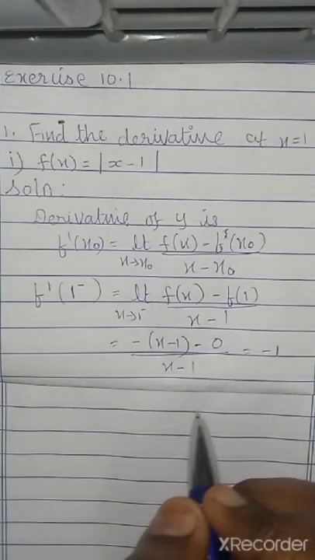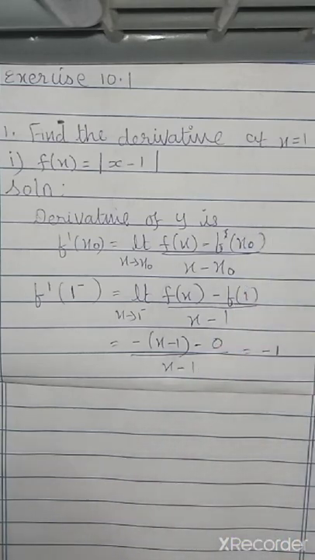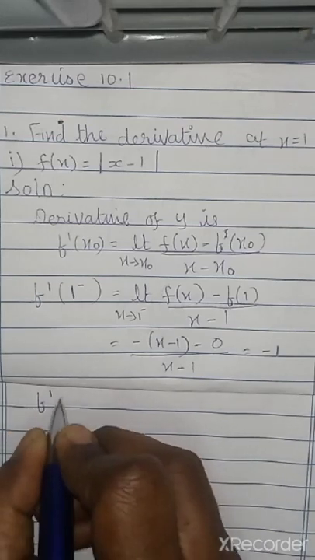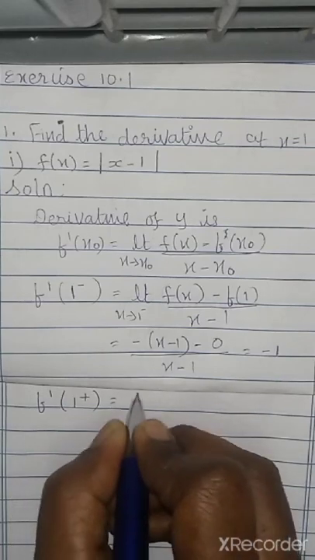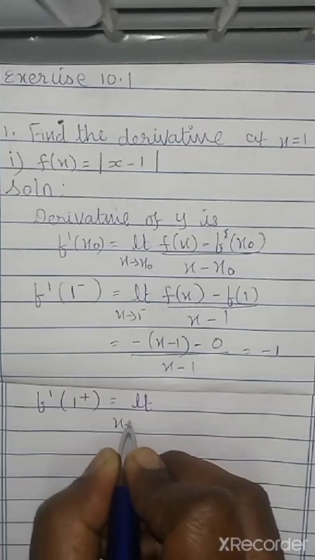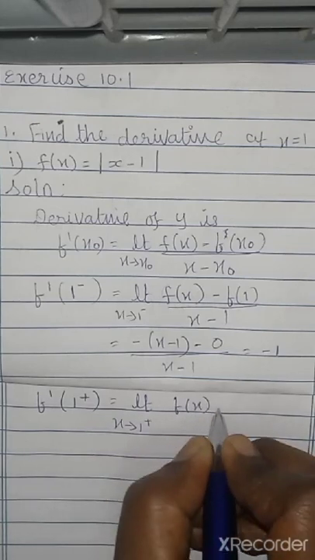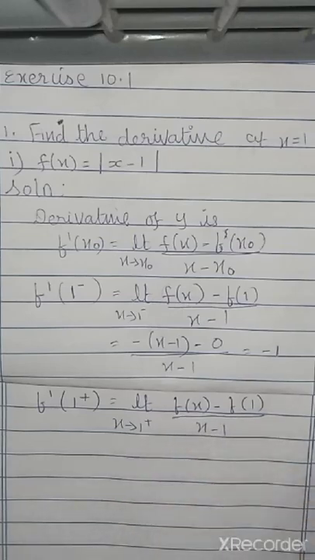Okay, now we are going to find the right derivative at x equal to 1. So how can we write a right derivative? f dash of 1 plus. Okay, now we can apply the formula. Limit x tends to 1 plus of f of x minus f of 1 divided by x minus 1.